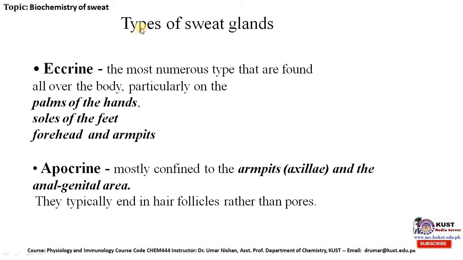Now we talk about types of sweat glands. There are broadly two types. One is called eccrine, the most numerous type that are found all over the body, particularly on the palms of the hands, soles of the feet, forehead and armpits.